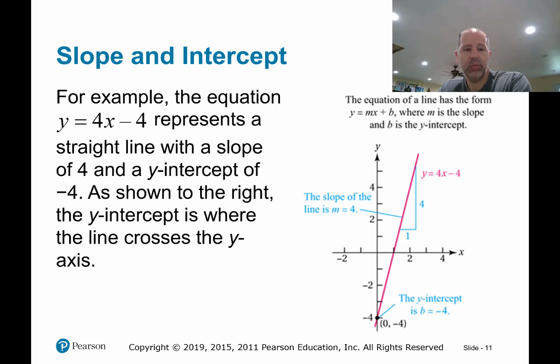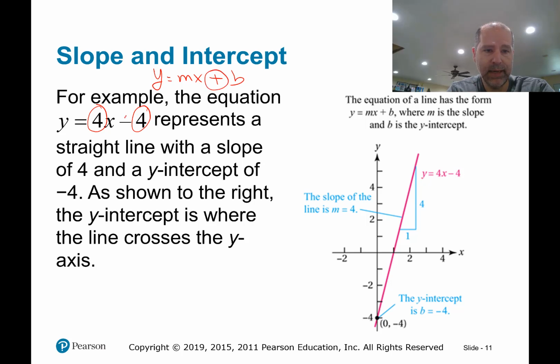So now let's look at this one. For example, the equation y equals 4x minus 4 represents a straight line with a slope of 4. You can see that it's the m, right? So the slope always goes with the independent variable. It's always multiplied by the independent variable. And then the intercept is always what's added or subtracted, right? So again, remember, it's y equals mx plus b. So it's always plus.